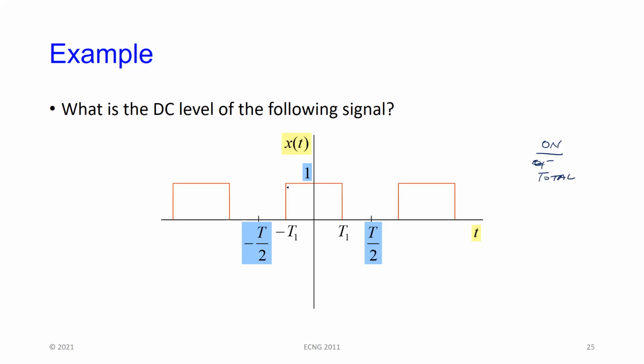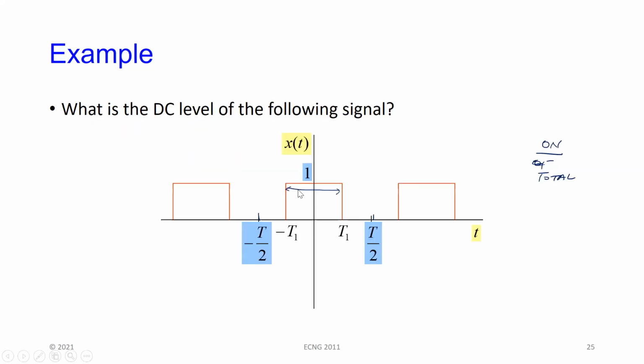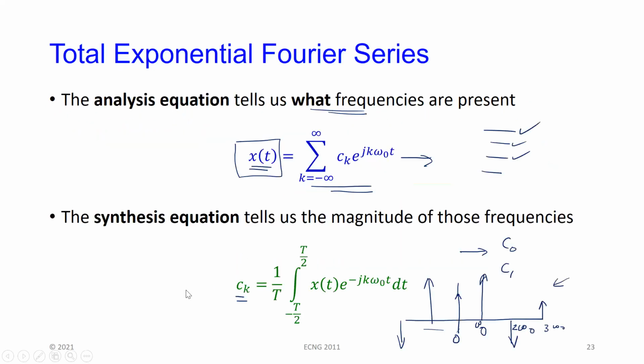So this one is on for a particular period of time, and this is the overall period here. So if I ask you what is the DC level of that signal, remember the coefficients are given by the synthesis equation, which is the CK values, in other words.